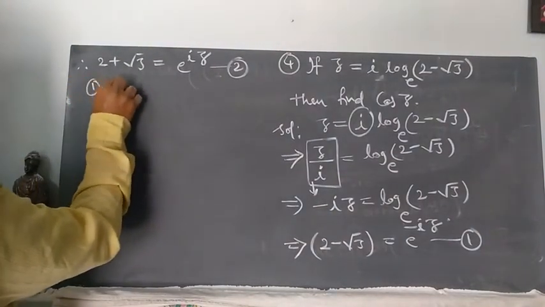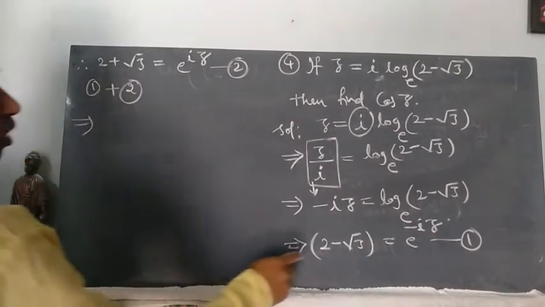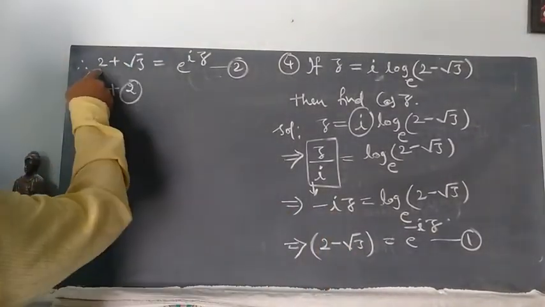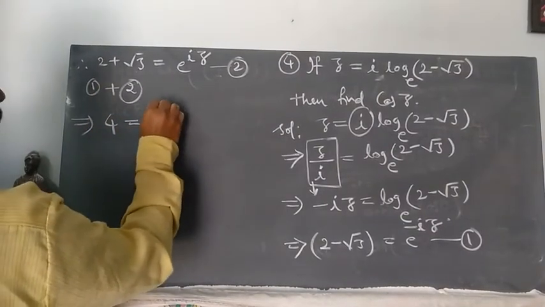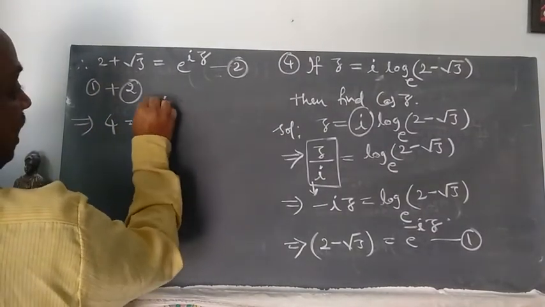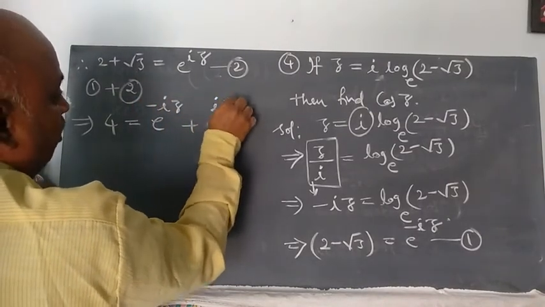1 plus 2 gives 2 minus root 3 plus 2 plus root 3, which is 4. This is equal to e to the power of minus iz plus e to the power of iz.